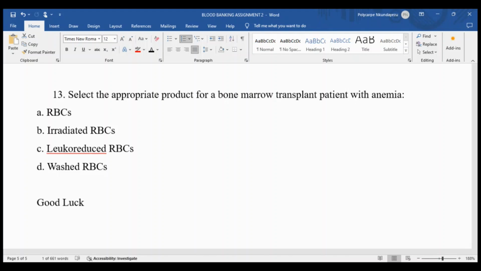So why do we need to reduce the risk of transfusion-associated graft-versus-host disease in this patient? MHC, what is MHC? HLA? Human leukocyte antigens?